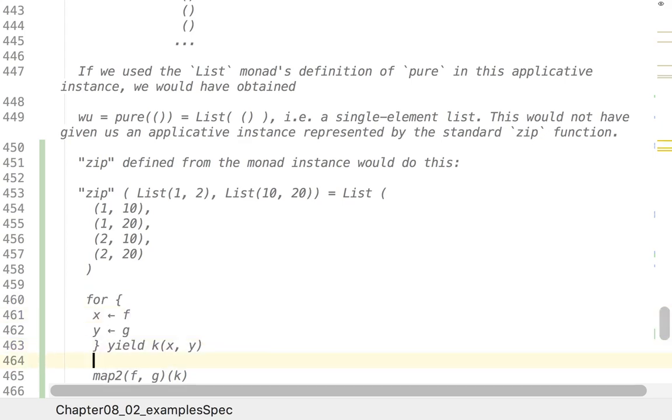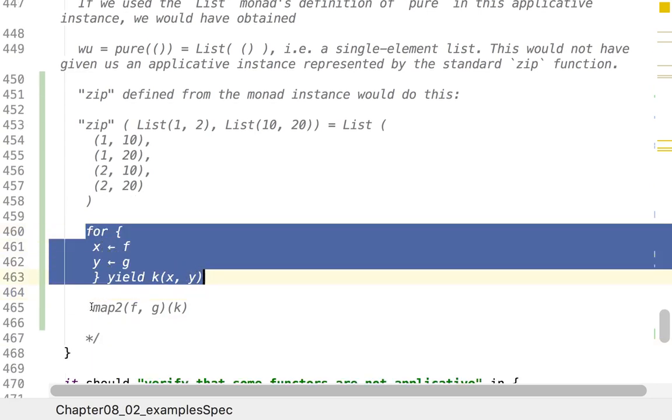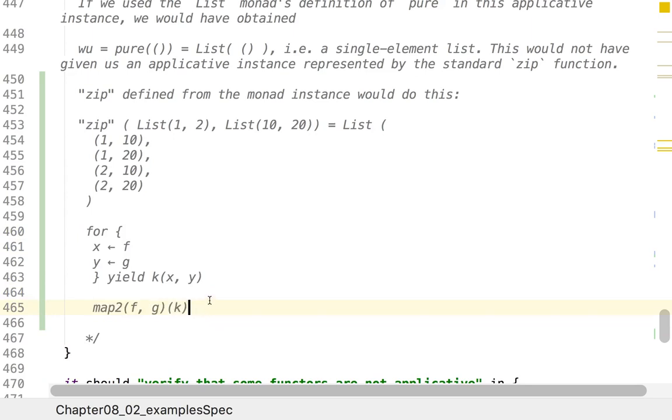Now, if you're using a type constructor for which the monad instance and the applicative instance disagree, then you should never refactor code like this. But you might be tempted to, or you might just do it without thinking. It's very confusing that these things are not the same.